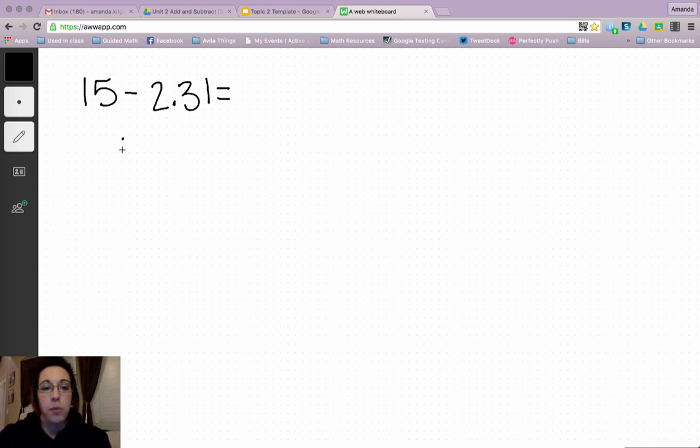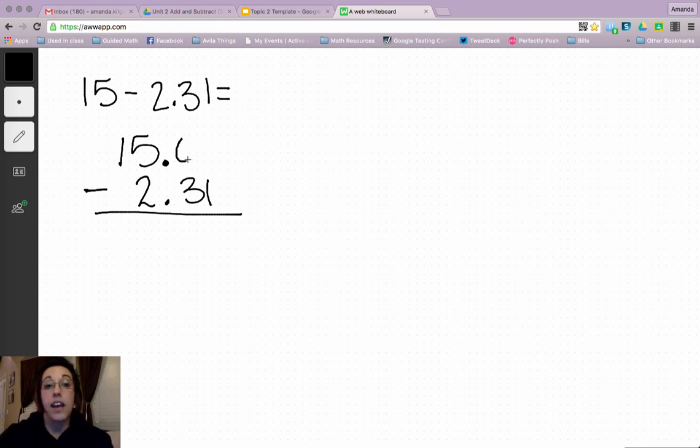So in this problem, we take 15, we put the decimal back in at the end. We go 2 and 31 hundredths to line it up. Our sign is subtraction. We annex our zeros, that means add them back in. And then we regroup to solve.